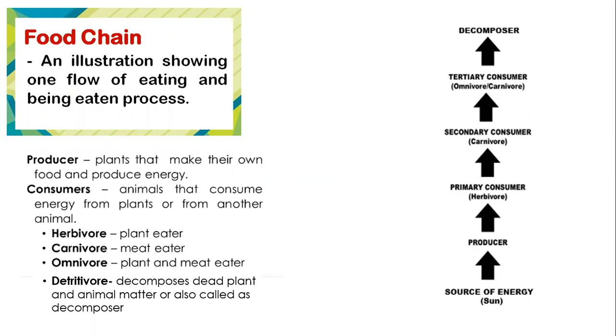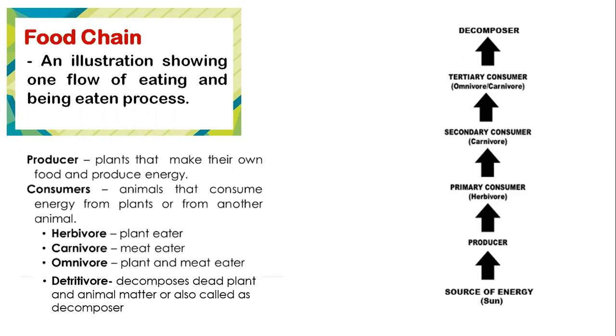Before we discuss further regarding the food chain, we should know about the ecological niches. We have the producer, then we have consumers. The producer is always a plant. It can make its own food via photosynthesis and produce energy. Consumers are animals that consume energy from plants or from other animals.